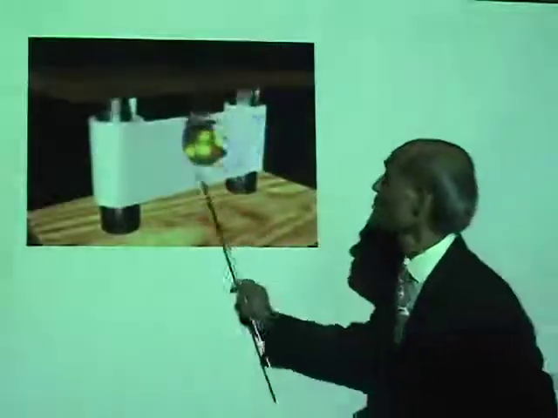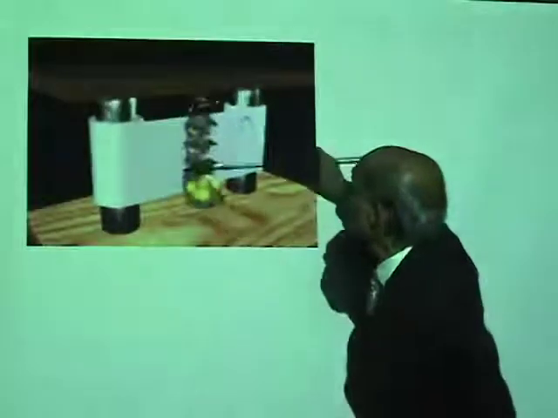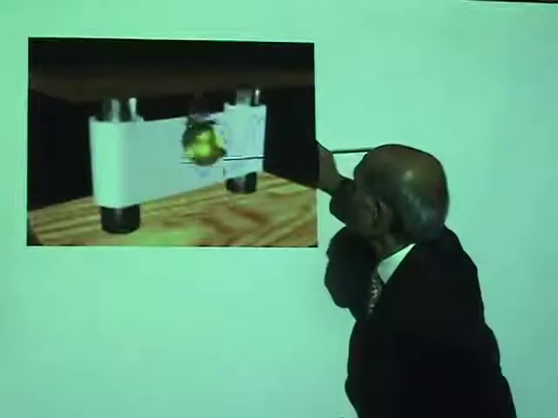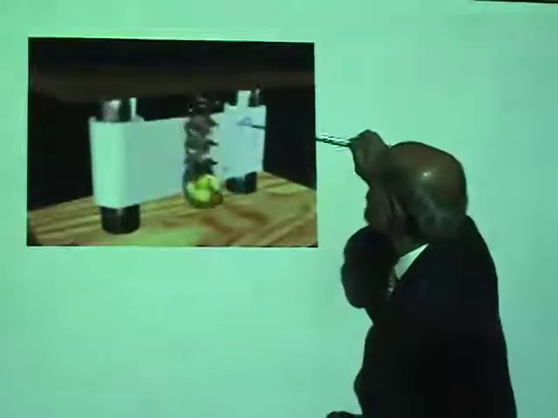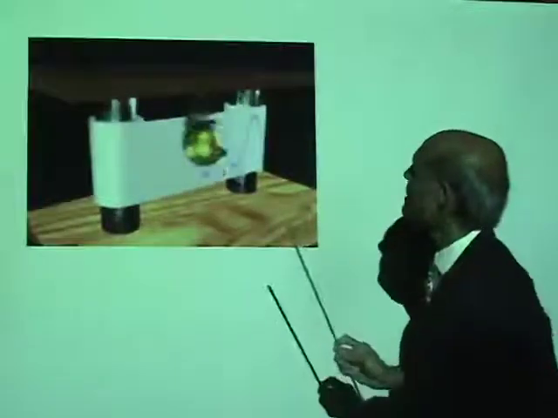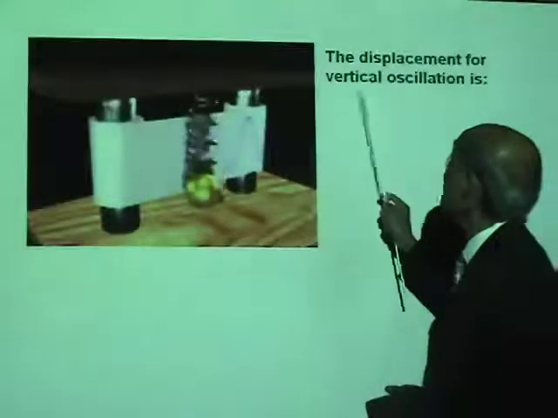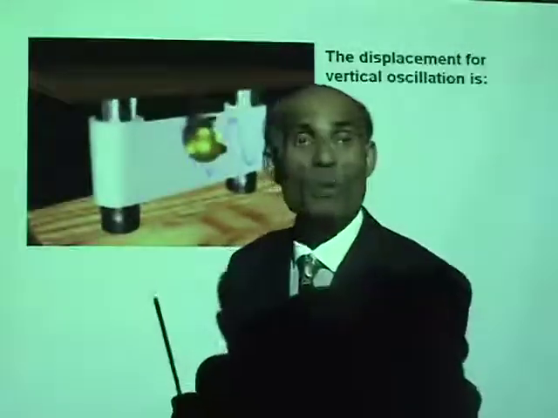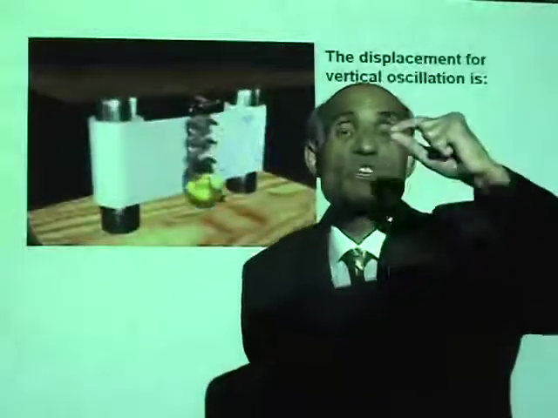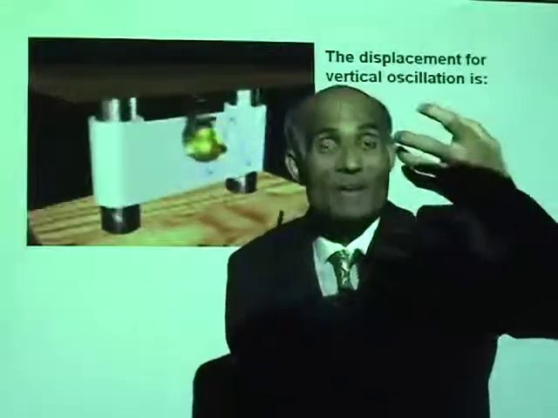There you are. This is the oscillation, and when you start the clock, when the object is at the origin, the displacement will be a sine function. You can see it traces out that sine graph. So the displacement for vertical oscillations, normally when you measure distances in a vertical direction, we call it y.